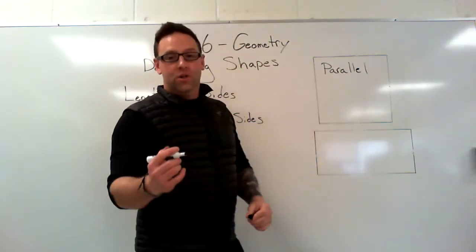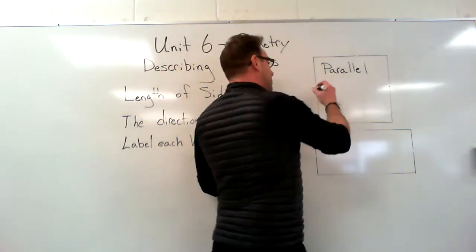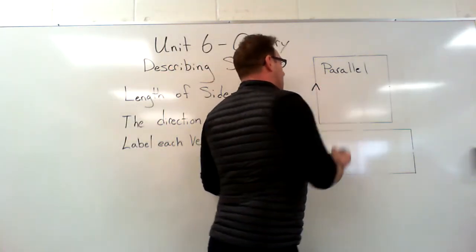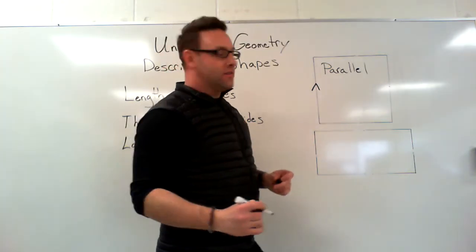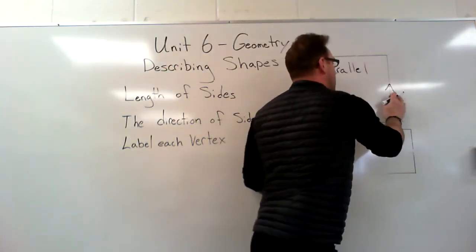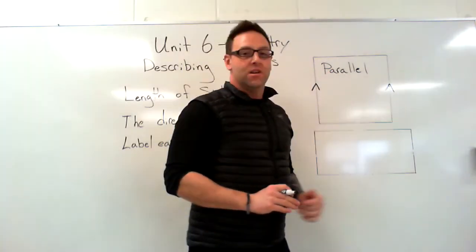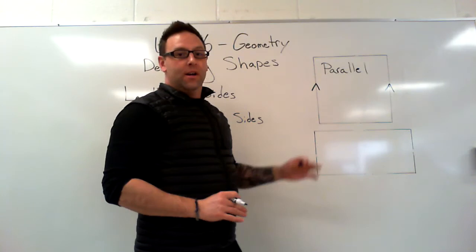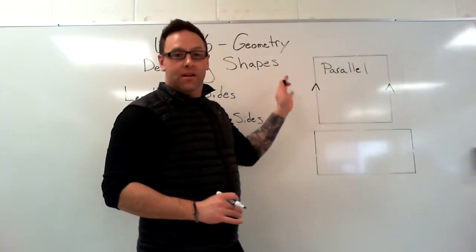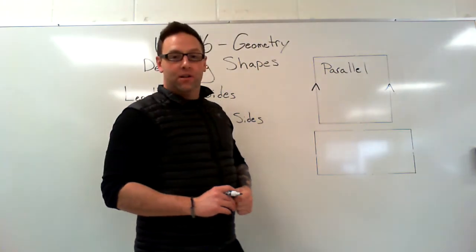So what we're going to do to identify parallel sides is use arrows. I'm going to put 1 arrow on this side and 1 arrow on this side to show that these 2 sides are parallel. Now, in this shape, we've got more parallel sides. These 2 sides are both parallel to each other.